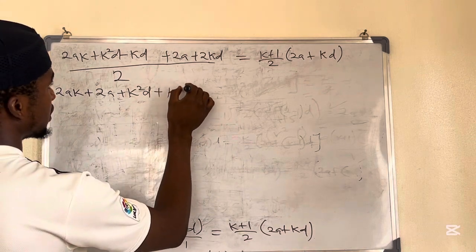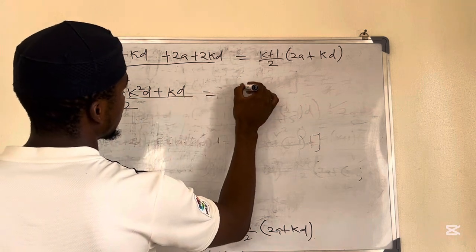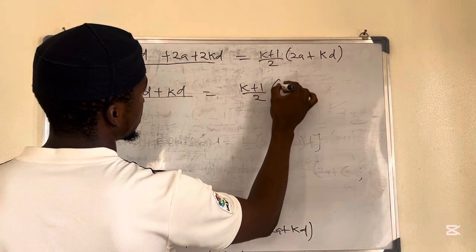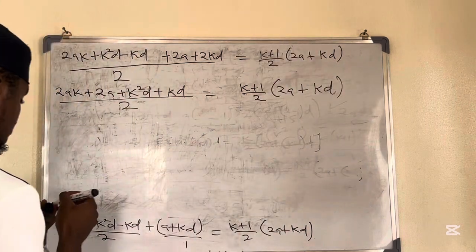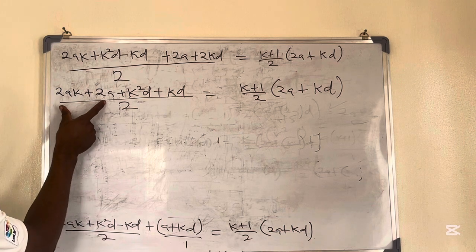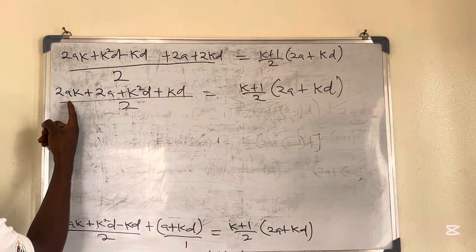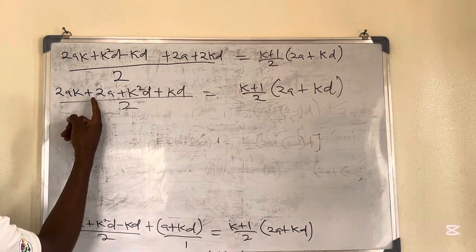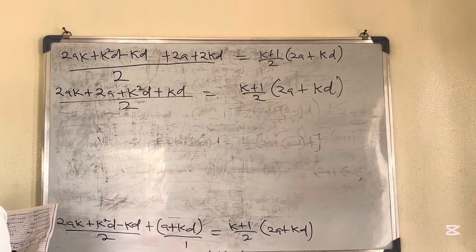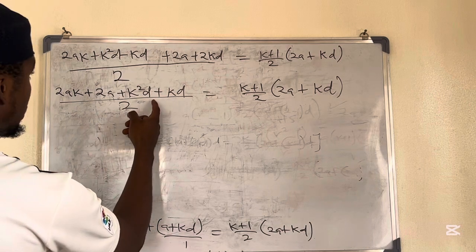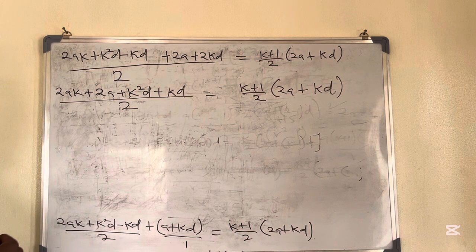So we have just kd all over 2 is equal to k plus 1 over 2 into 2a plus kd. Then look, for this part and this part we have like terms. What is the common term here? 2a. Then for this you have kd here, we have kd here, so I'm going to factor out kd.